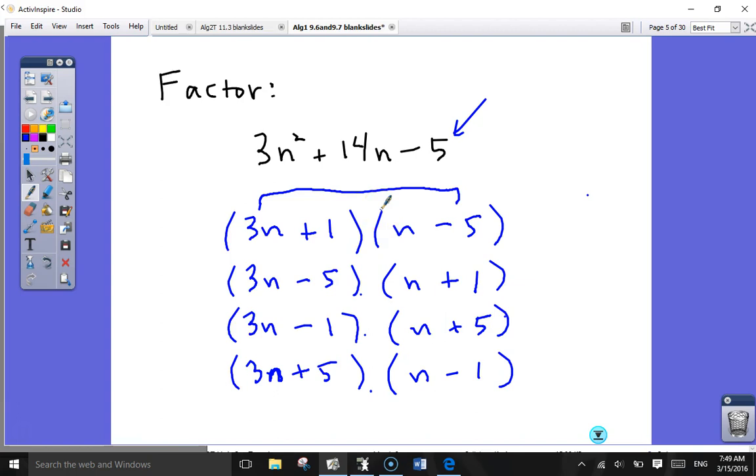That's negative 14n. That's not right. If I do the second one, I get 3n minus 5n. That's negative 2n. That doesn't work. How about 3n times 5? That's 15n minus 1n. There you go. There's your 14n, right? This is the one right here.